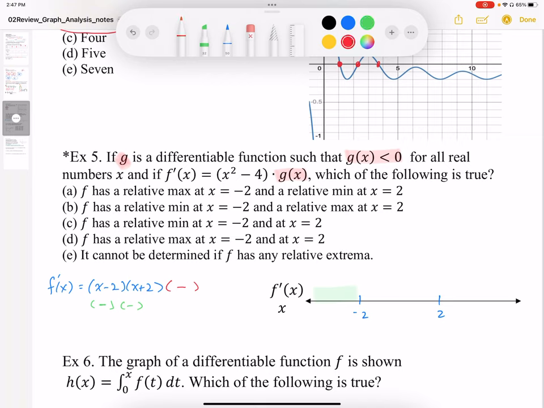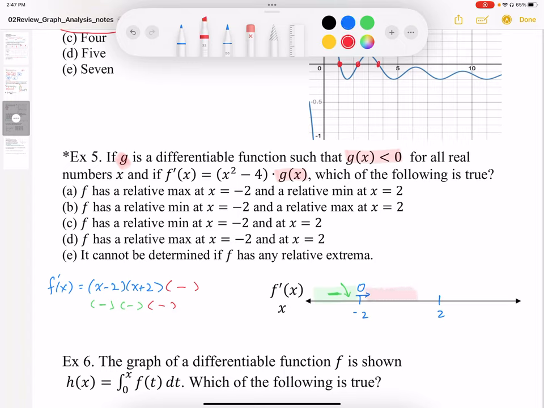And then we have the g of x factor, which is negative. I know that the slope in that section is going to be a negative slope, so we know it's sloping down. We have a 0 slope here. And then we just need to test some other regions.